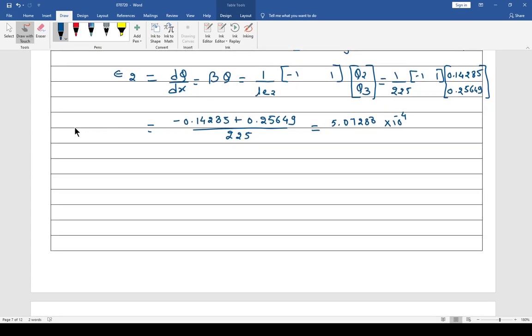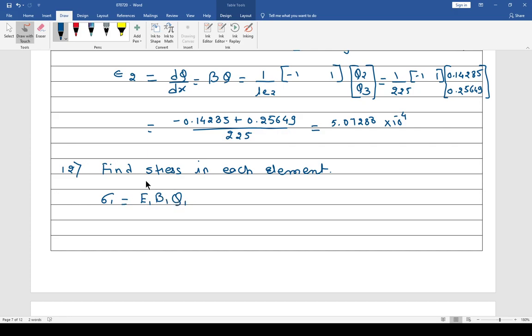Now the 12th step. So what is the last step? Find stress in each element. In the first element, sigma 1 is equal to E1, B1 and Q1.